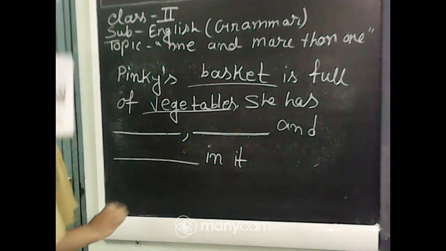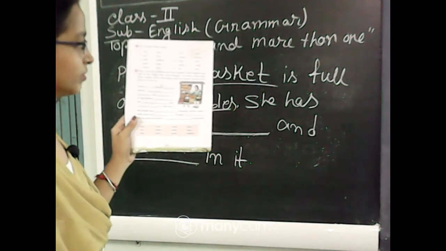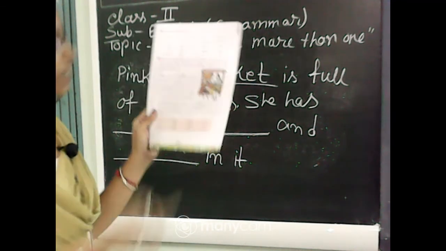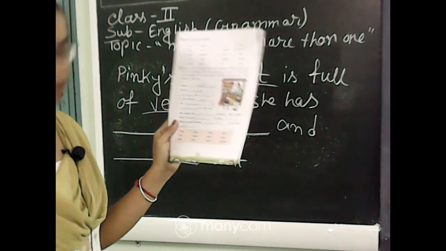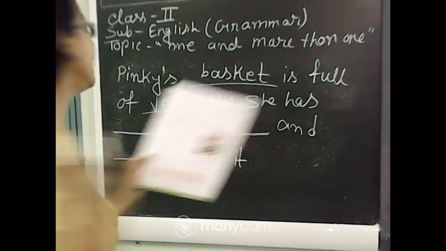Vegetables. She has what? What we can see in the basket of Pinky. She has brinjals, potatoes and tomatoes.